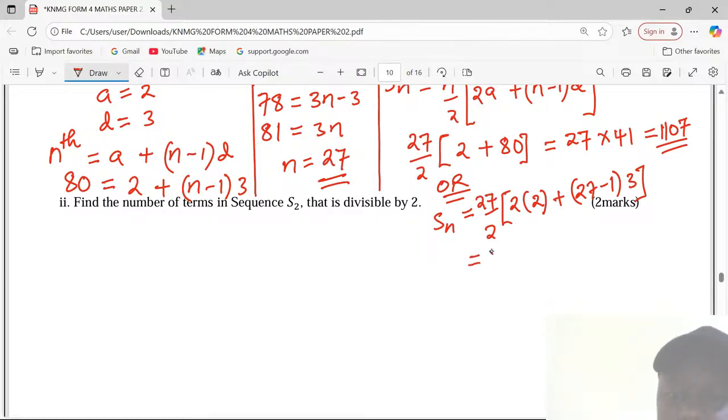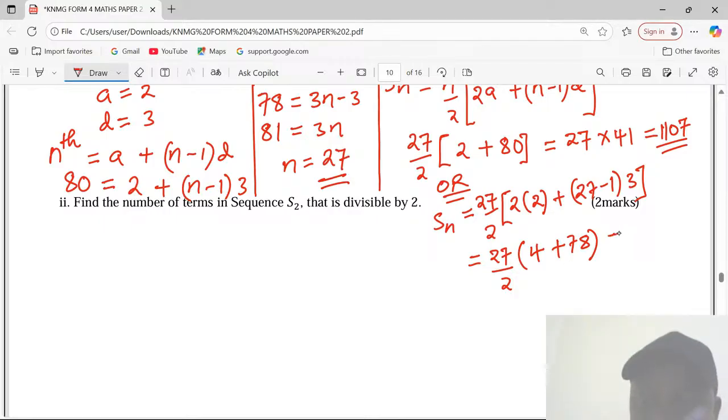So 27 over 2 into 4 plus 26 by 3, 78. So this is 82. 82 divided by 2 is 41. So we shall find ourselves at the same answer.